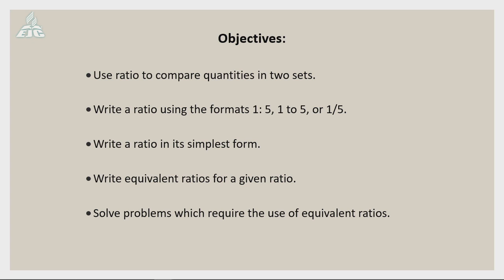Next one, write a ratio using the formats, and there are three formats there. In our lesson, we will go further with them. Write a ratio in its simplest form. Write equivalent ratios for a given ratio. And the last objective, solve problems which require the use of equivalent ratio.